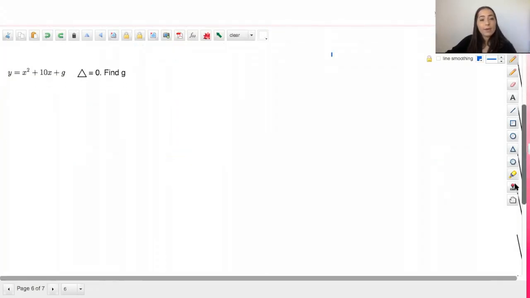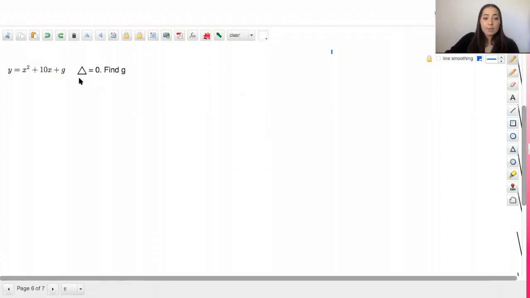Okay, now let's look at how knowing the value of the discriminant can help you find different variables within your function. Here we have y equals x squared plus 10x plus g. Our constant is concealed by this variable g, so we need to find g. The way that we find g is with this piece of information, which states that the discriminant of this function is equal to 0.